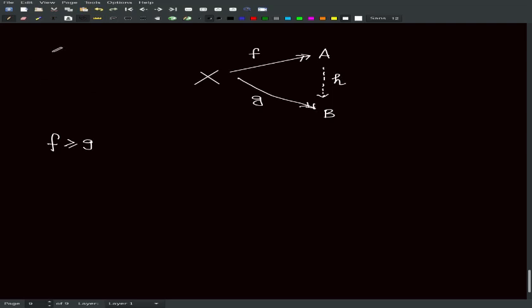Now I look into the kernel pair of F and the kernel pair of G. Okay?